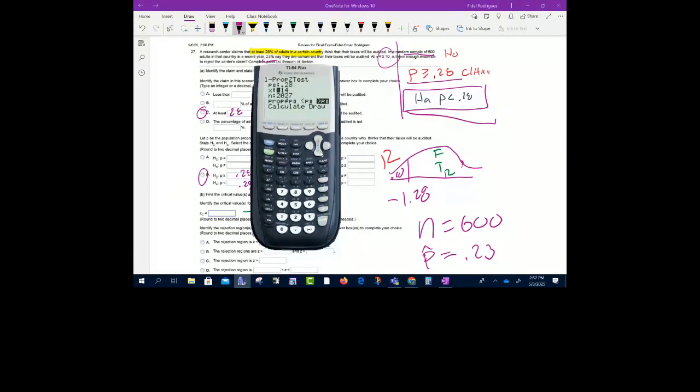Now it's asking for my x value. I don't have my x value, but we can find it real quick. How do I find my x value? I'm going to take 600 and multiply it by the percentage we had for my p hat, 0.23. My x value is 138.